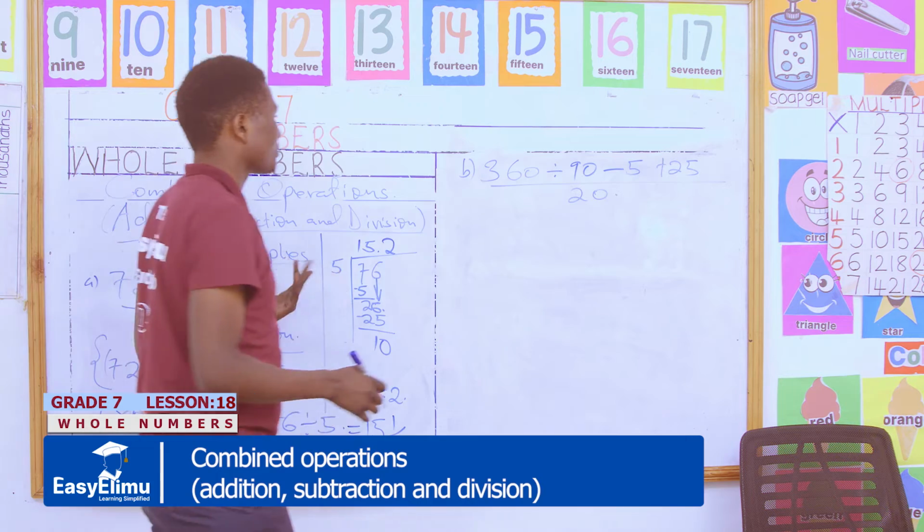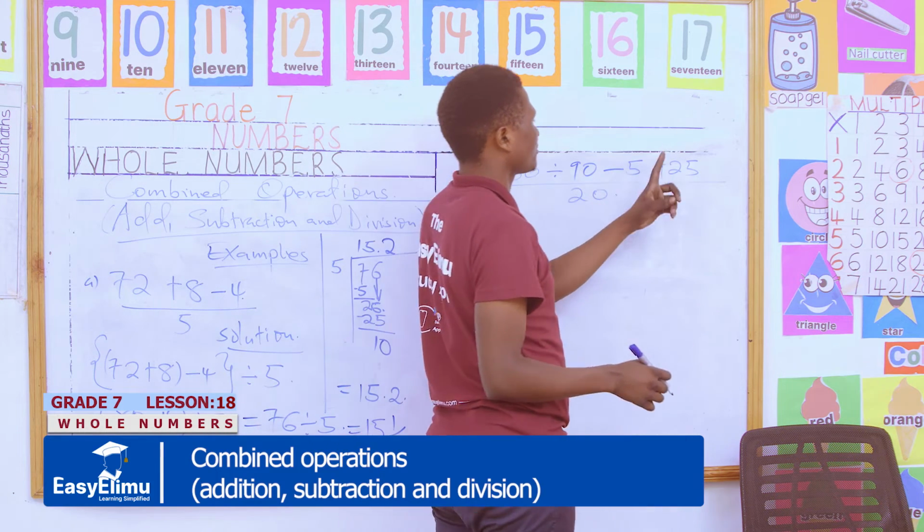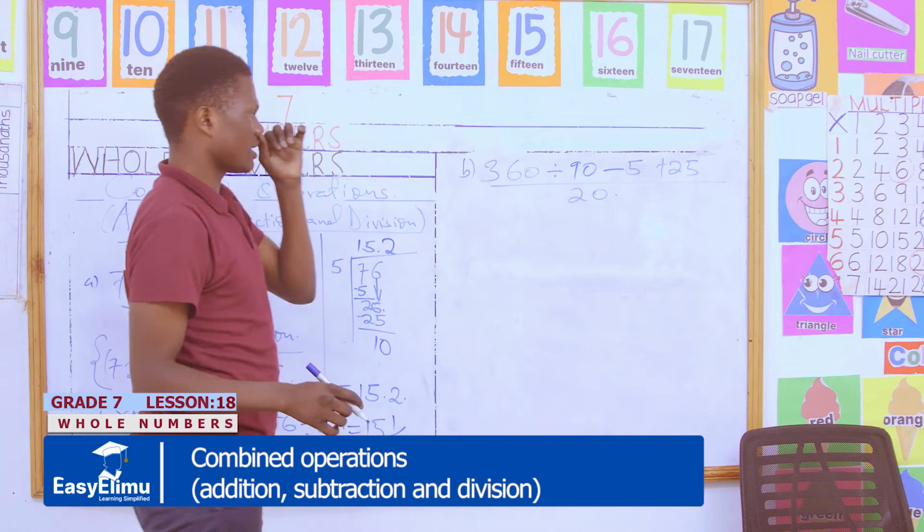So you can see the signs that we have here are just division, subtraction, and addition. And of course, this is another division.